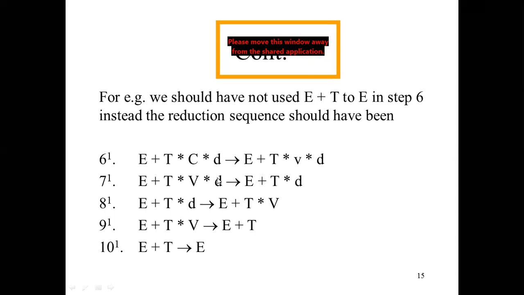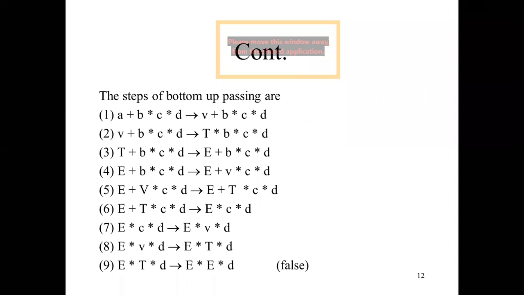We will not replace E plus T. But we will write it in this way. What was step number 6? In the preceding case, we can check step number 6. Here the problem started to arise.